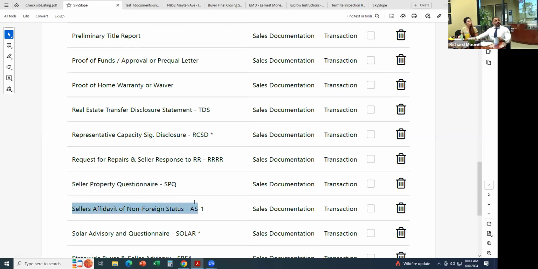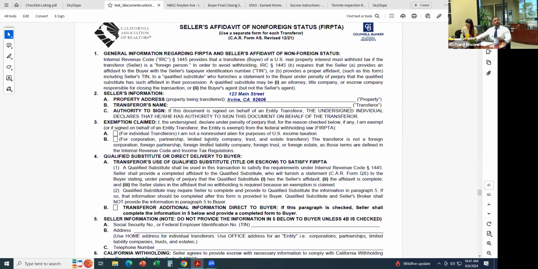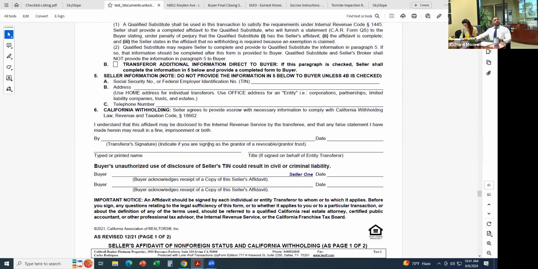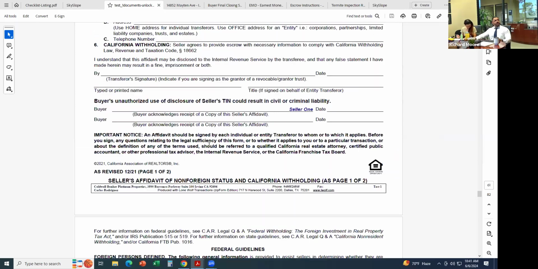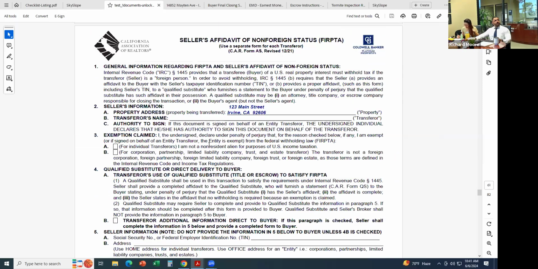And the next form is the seller's affidavit not foreign status. This is going to be provided by the listing side, and this is for tax purposes to make sure that they withhold certain money for the sale of the property. There's also another form called the qualified substitution that they can use in lieu of this. That's also gonna be a, if necessary, isn't it? No, this is required, it's required for everybody.